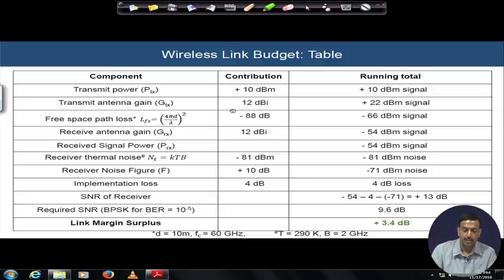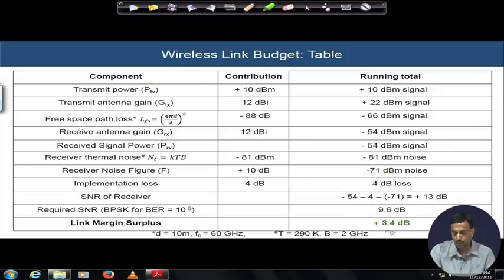One thing that I have neglected over here is the oxygen absorption loss at 60 gigahertz, which is a feature at that particular millimeter wave frequency. But considering that that loss is about 16 dB per kilometer, and what we have is a transmission distance of only about 10 meters, that loss is negligible, and so I have neglected it in this particular analysis.